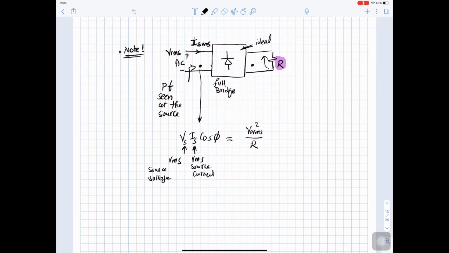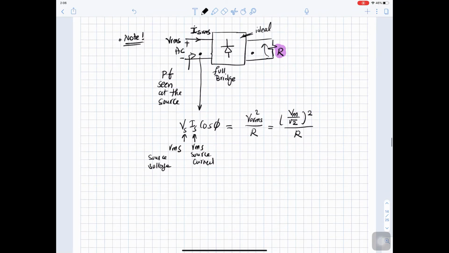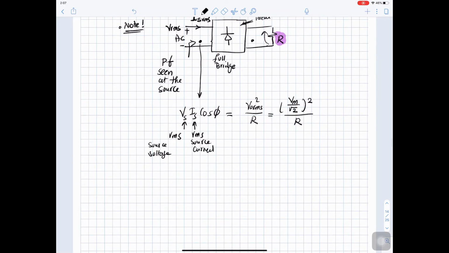Okay. Now what is V out RMS? V out RMS is V maximum divided by root 2, all squared divided by R. And for the source, Vs RMS is V maximum divided by root 2.